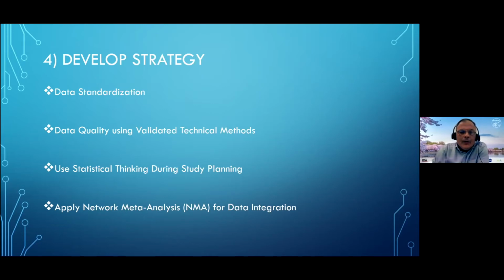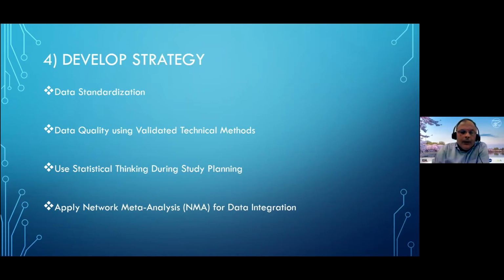So the more you organize on this end, the easier it becomes. Data quality using validated technical methods. So we make sure we get good validated technical methods to get good results. If you don't have good test methods, you can get very noisy results and it's not going to be useful.